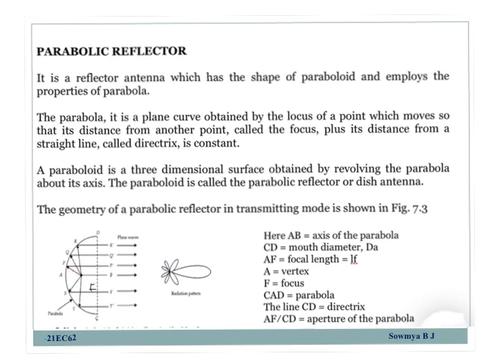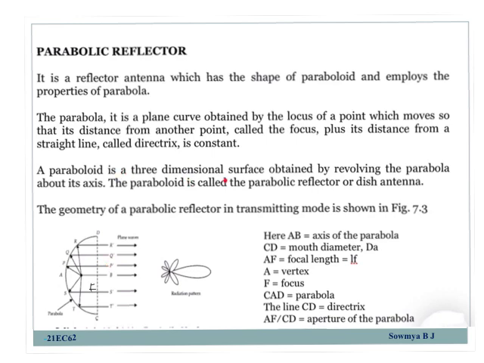FP plus PP bar is equal to FQ plus QQ bar, equal to FR plus RR bar. Similarly, FS plus SS bar is equal to FT plus TT bar. It means the locus of a point, from its distance from the focus plus its distance from the directrix, will be constant. This is the directrix, PP bar is the directrix.